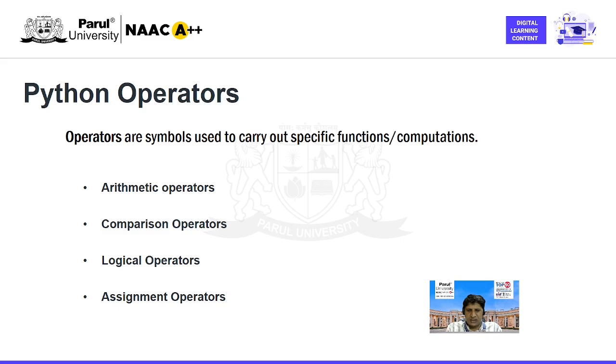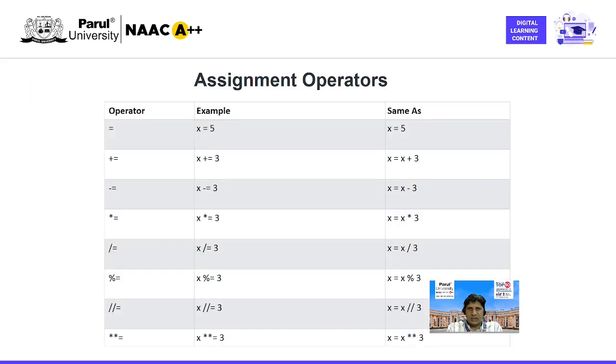Assignment operators are generally used to assign the value of the RHS to the LHS. It means x equal to 5 assigns 5 to x. Similarly, x equal to x plus 3 can be written in composite form.